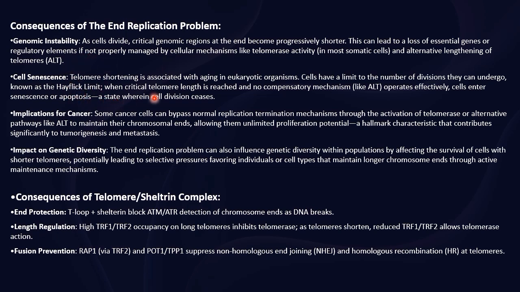Now, the implication for cancer. Some cancer cells bypass the normal replication termination and produce a large amount of telomerase enzyme, which continuously prevents the shortening of telomeres. Thus, the cancer cells theoretically live forever.